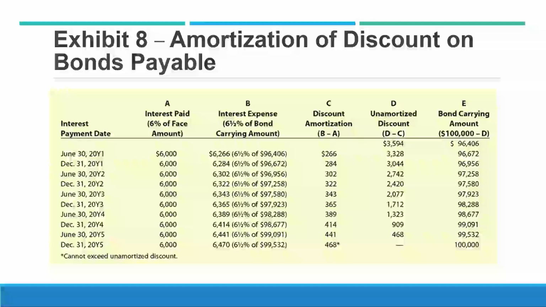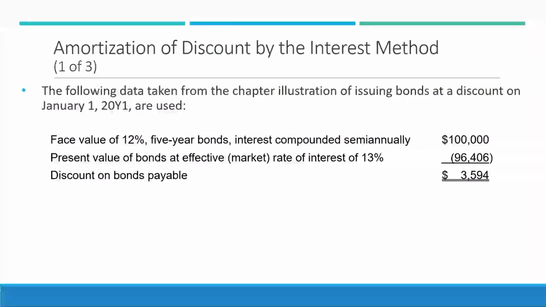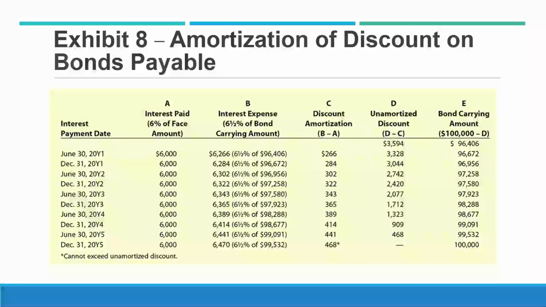So the date of issuance is January 1st, year one. And so on January 1st, year one, the amount of unamortized discount is the initial amount of the discount, which is the $100,000 face amount minus the $96,406 cash that was received for the bond, or $3,594.